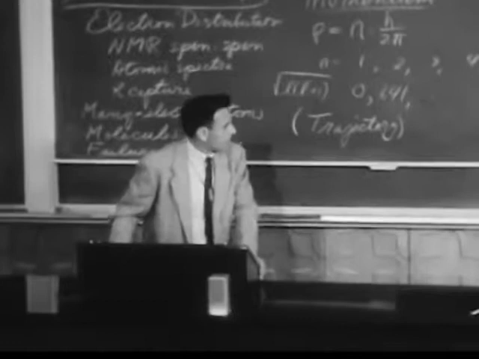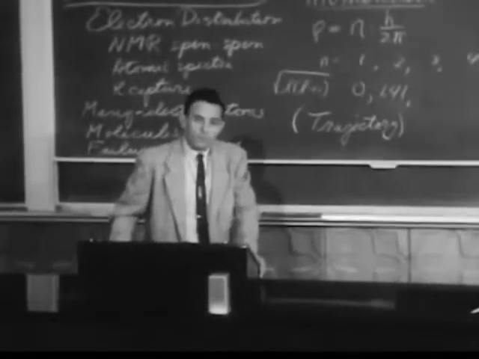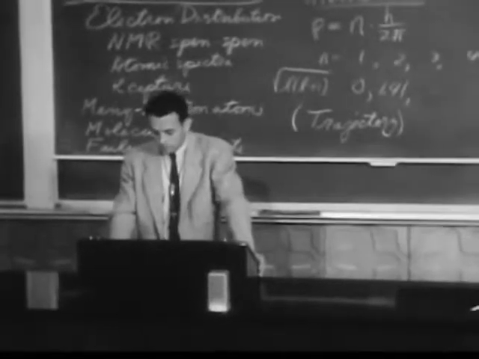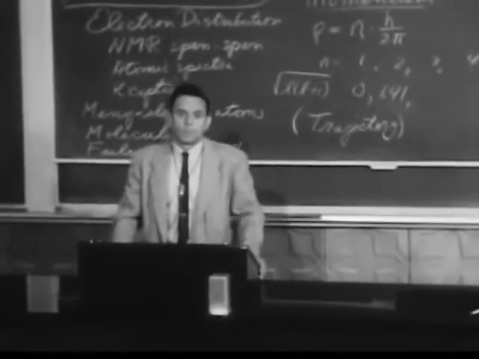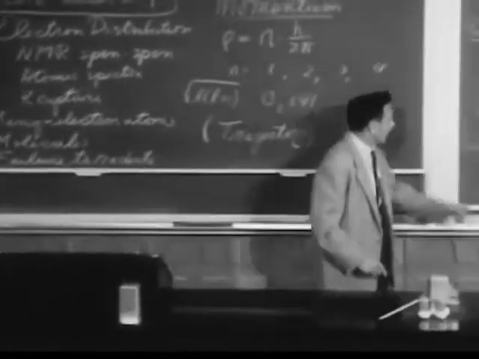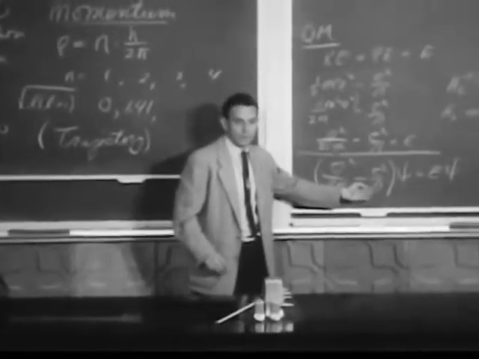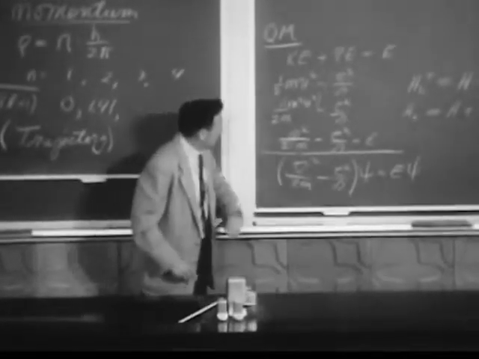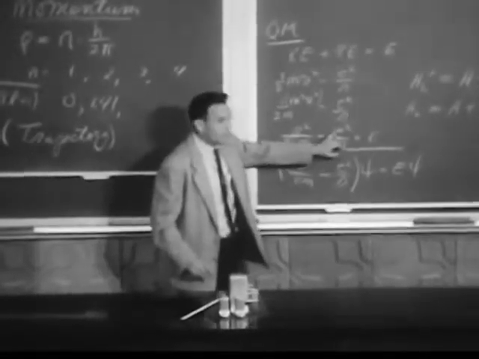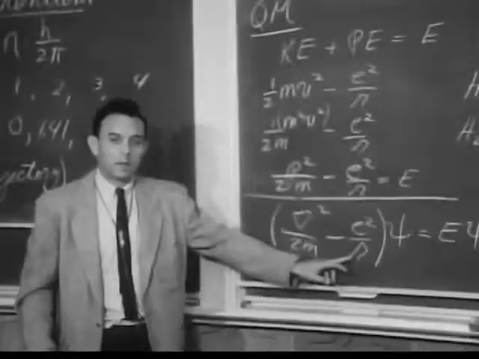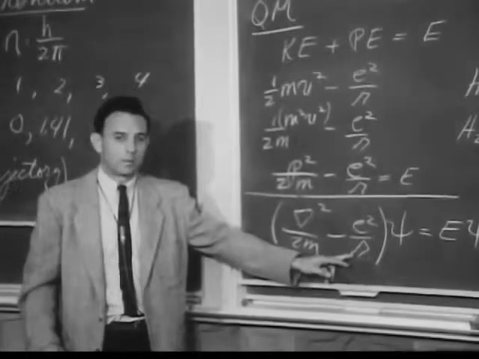Now, the characteristics of the quantum mechanical atom that are important to us in talking about atoms and molecules are these. In the first place, the potential energy has come through without any modification. The implication of this is that when we talk about the electron in the atom, the potential energy recognizes the existence of a position.